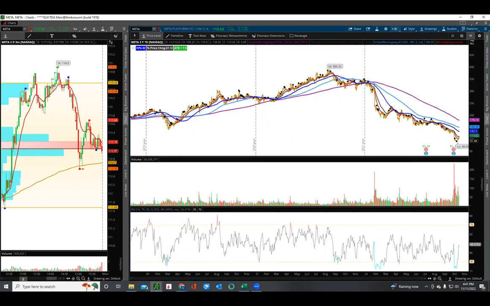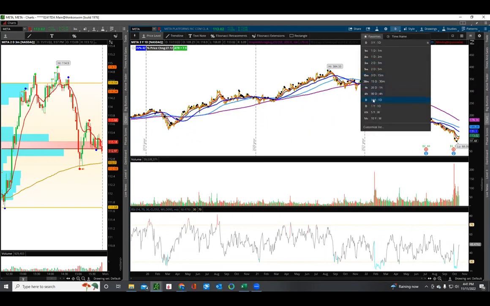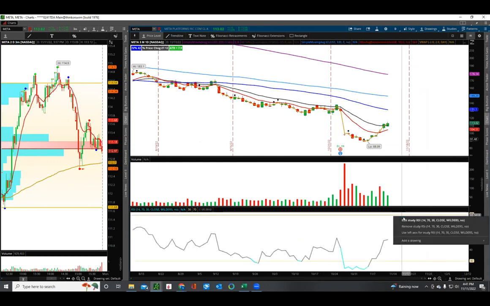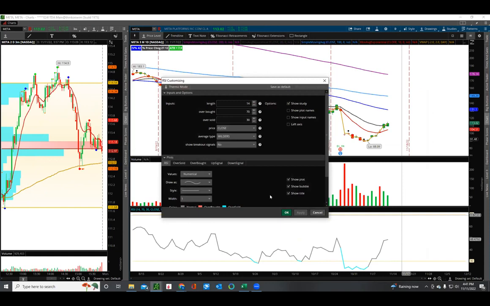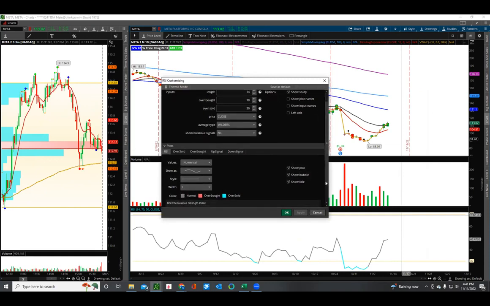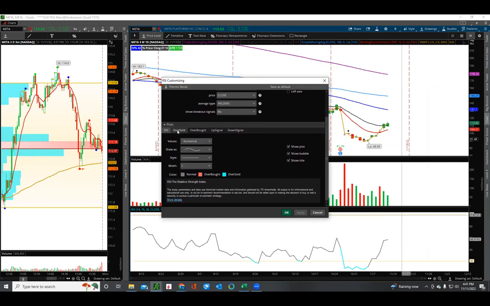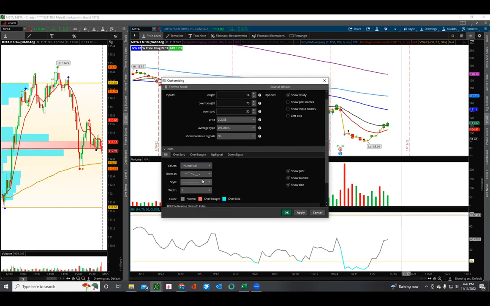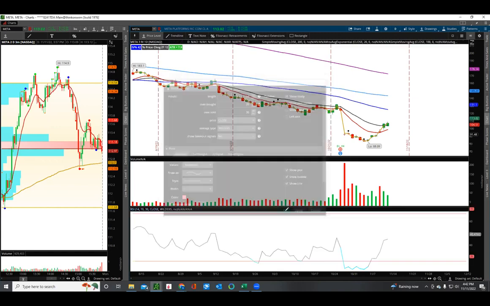We go into a slightly smaller time frame. Okay. So you can see this pretty clearly. Now let me adjust a couple of these lines just to make them easier to see. Oversold. Let's go with red. Overbought. Let's also go with red.